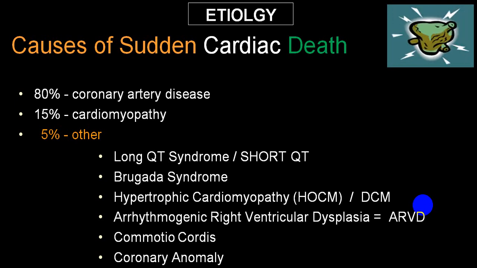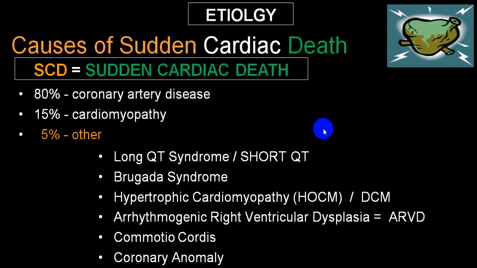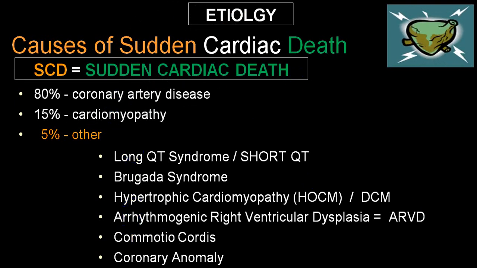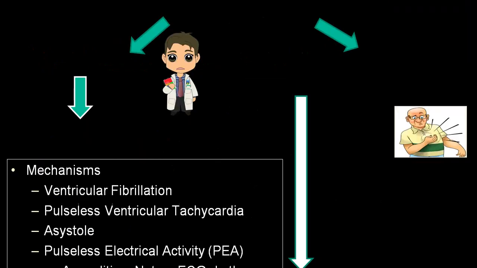But it can interfere and can end up with even VT. So sudden cardiac death can be because of all these conditions: acute MI, cardiomyopathy, congenital conditions, commotio cordis which is acquired, and catecholaminergic polymorphic ventricular tachycardia. So they can end up with lethal syncope and death.